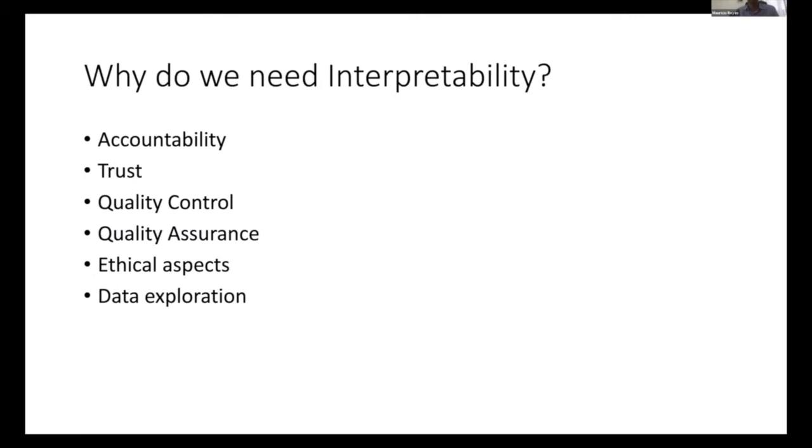So why do we need interpretability? We have accountability, right? We want to make sure that a system that's used in the clinics for patient treatment is accountable, and we can actually be accountable when we use the information from that system. Then trust. When we start adopting a system, like using a phone with some new features, we need to build that trust because we don't fully understand the risk that usage of that new feature might imply.